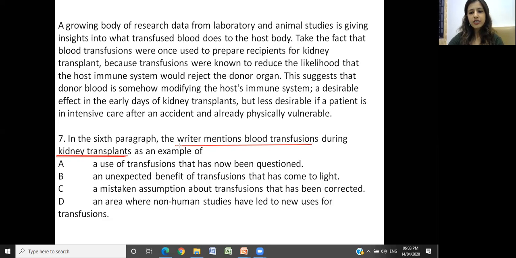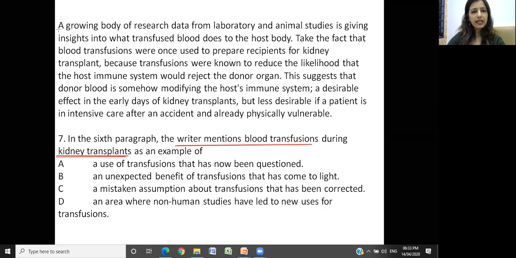What point is he trying to make with the blood transfusion? You know that so far the writer has been discussing the negative consequences. That means if this was a new point of view, the writer would have started this paragraph with "however," or "although there are negative consequences, there are some benefits as well." But the writer hasn't started this paragraph in that way.